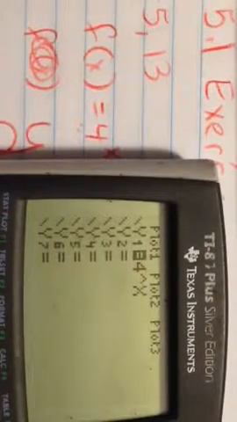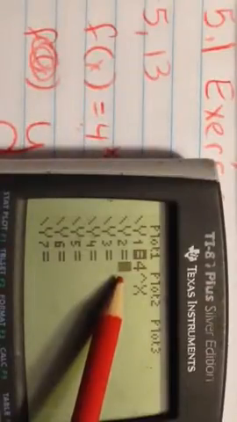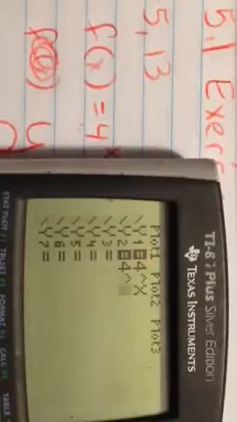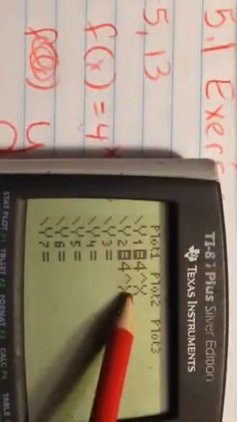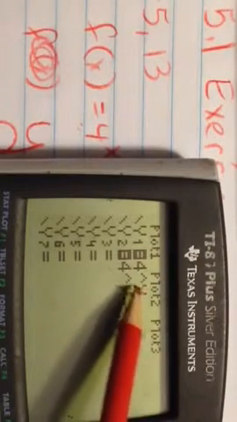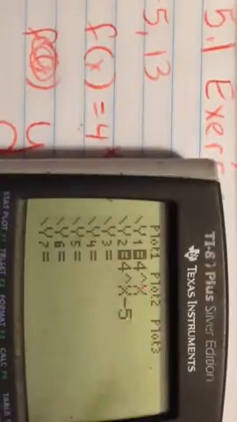We're going to go to our next function, our y sub 2 function, and we're going to put 4 raised to the x power, and then we're going to say -5. Now, if you have the calculator in which the exponent is up top, make sure your -5 is big to the side, not in the exponent part.